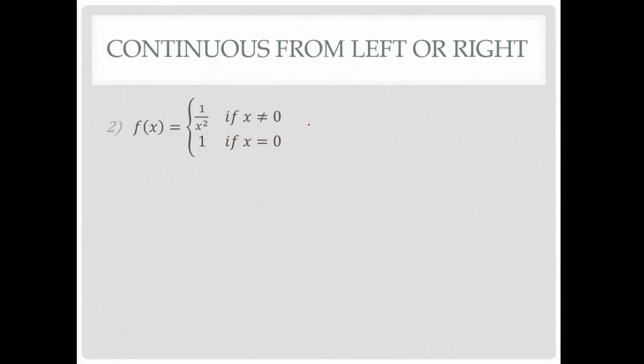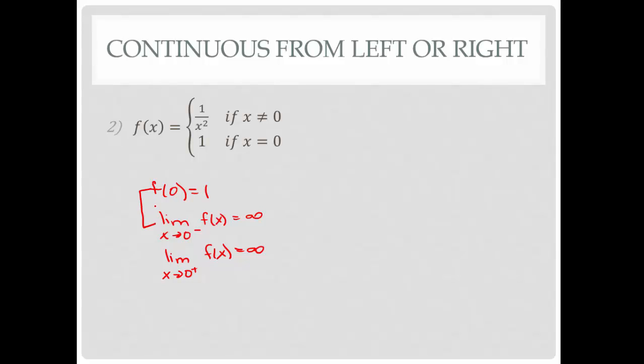This is the same as example number 2 that we just completed. Same 3 pieces of information that we need. We have f of 0 equal to 1, the limit as x approaches 0 from the left on the function was infinity, and the limit as x approaches 0 from the right on the function was also infinity. To determine whether it's continuous from the left, we compare the left limit at 0 with f of 0.